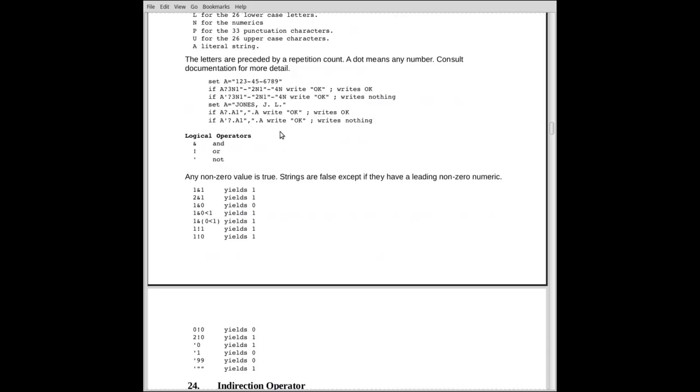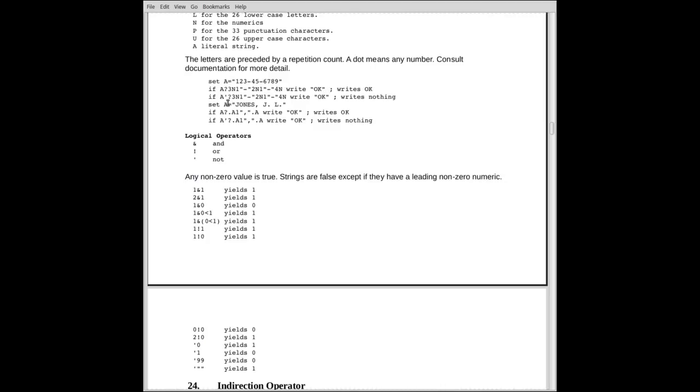So if I have something that looks like a social security number, 123-45-6789, we could determine if some variable A looks like a social security number. It will contain 3 numerics, 1 string of a hyphen, 2 numerics, 1 string of a hyphen, and 4 numerics. If it does, we'll write OK, and in this case it would.